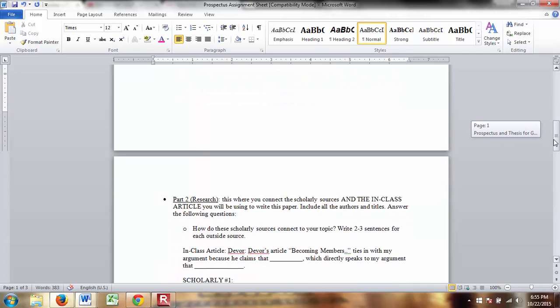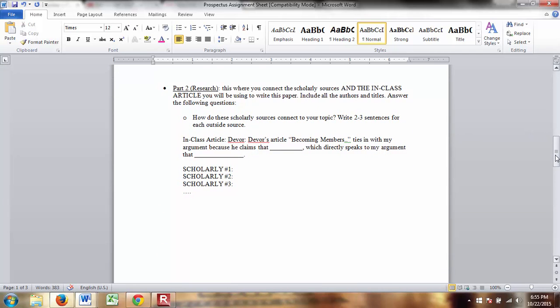Now part 2 is essentially where your body paragraphs will come from. This is where you connect the scholarly sources and the in-class article you'll be using to write this paper. Include all the authors and titles. Answer the following questions. How do these scholarly sources and the in-class article connect to your topic?